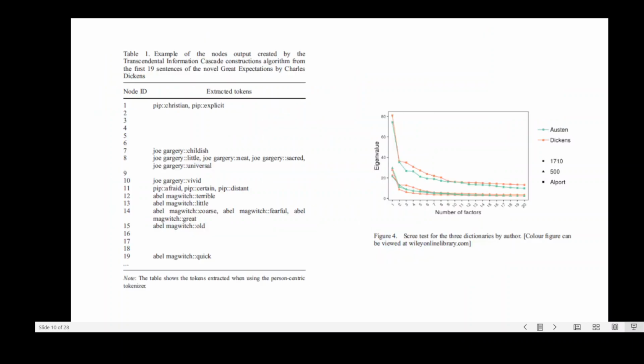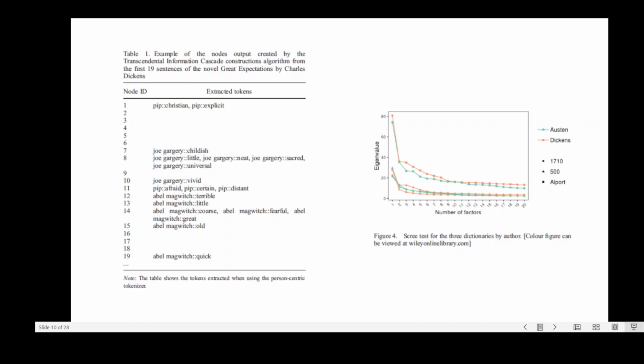We run some classic computational methods on the literature first. What it does is extract a character and then find all the descriptors of that character and map them to each other. And so, for example, Pip being described as Christian and soon after Pip described as explicit allows us to map explicit and Christian in relation to Pip together.